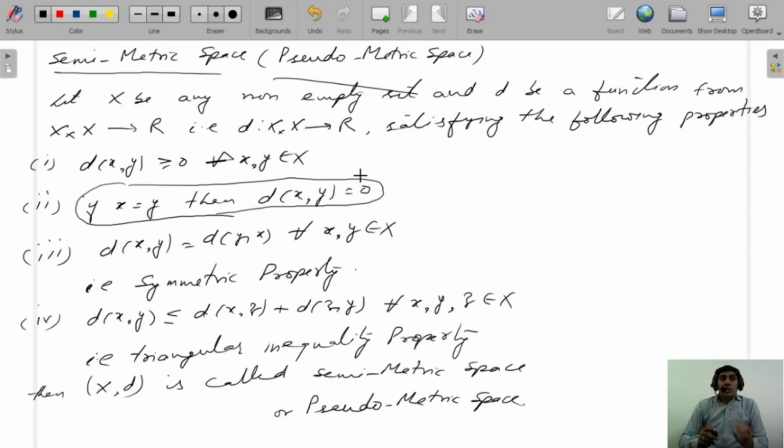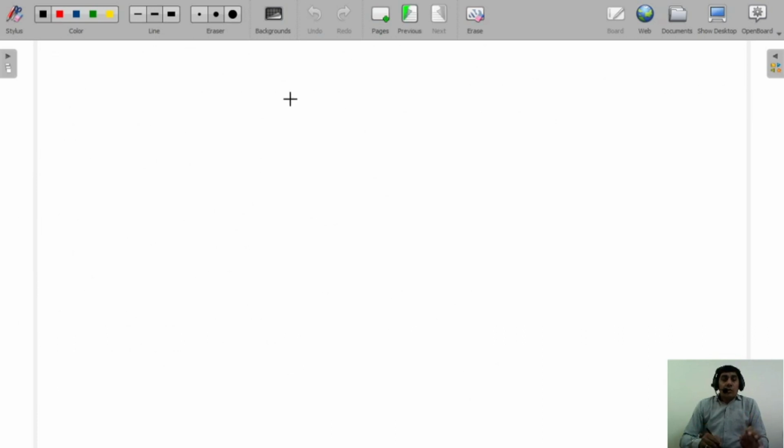So, semi-metric space is also known as generalized metric space. In generalized metric space, distance between 2 points may be 0 when the points are distinct points. So, from the definition of the semi-metric space, it is clear that every metric space is a semi-metric space.